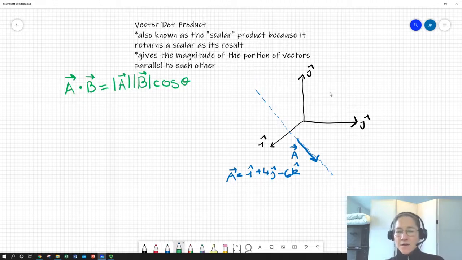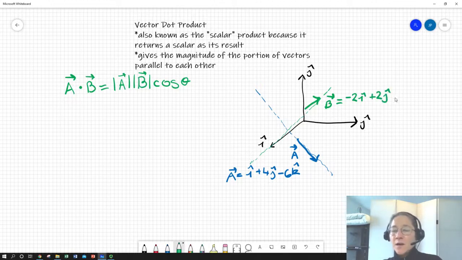And I have got another vector out in space, 3D, vector B, and I can represent it as, so it's heading probably in the negative i hat direction. It's also heading in the positive j hat direction. It's going up.